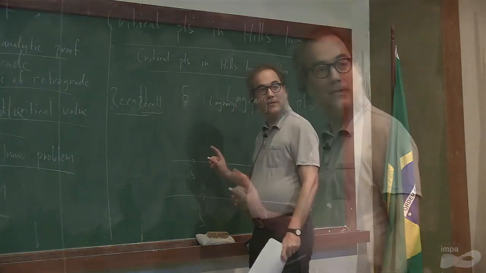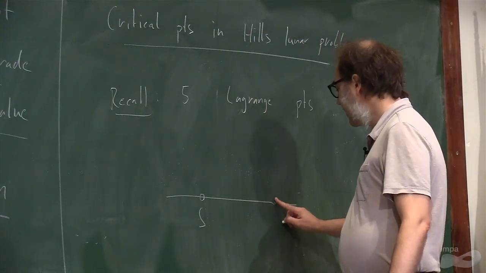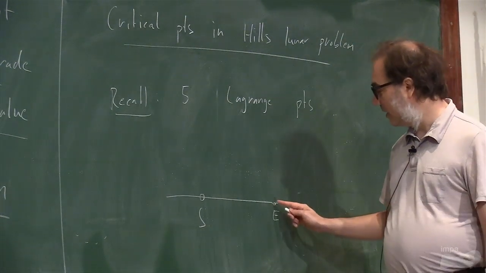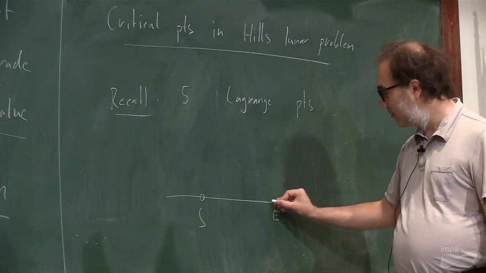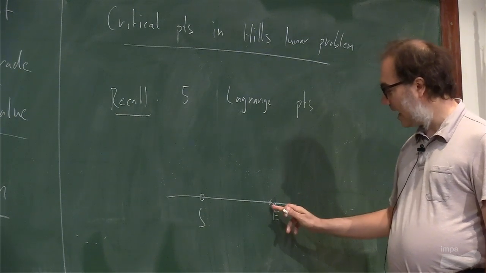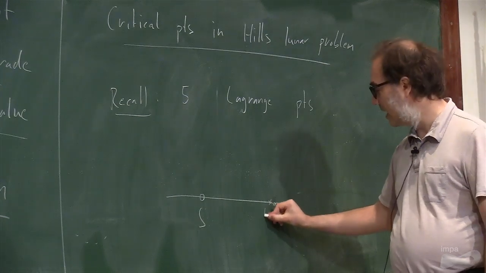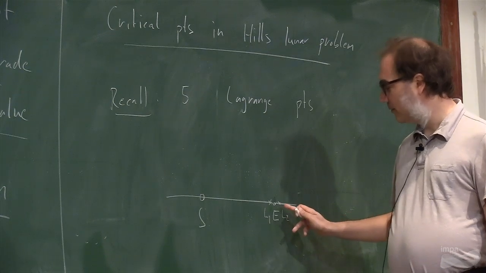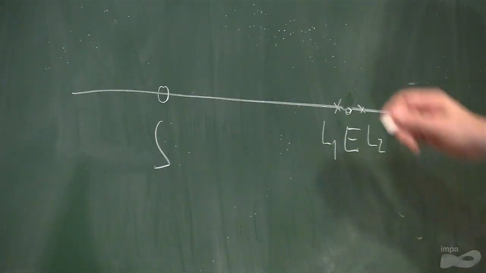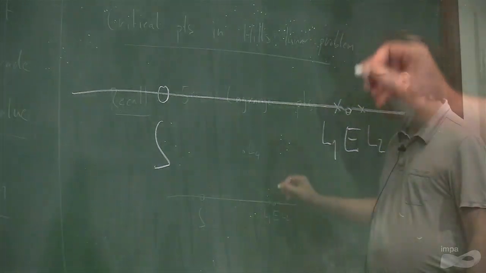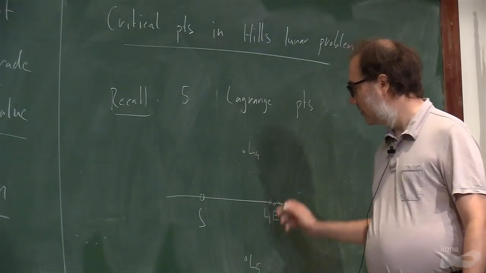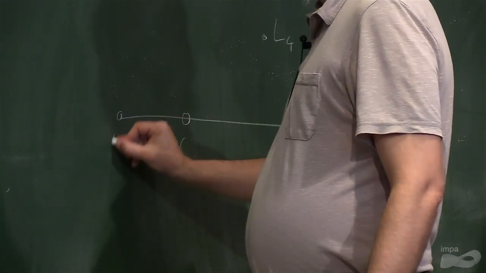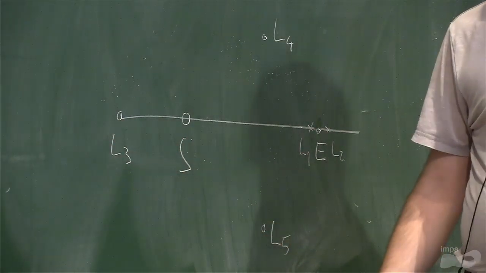We had Sun and Earth, but now the Earth we should think is kind of tiny. And now we have Lagrange points, and because the Earth is tiny, this L1 is quite close to the Earth. Here is L1. Then here we have also L2 on the other side of the Earth, also quite close. Then we have L4 and L5, which are quite far away. And then we have L3 on the other side of the Sun.